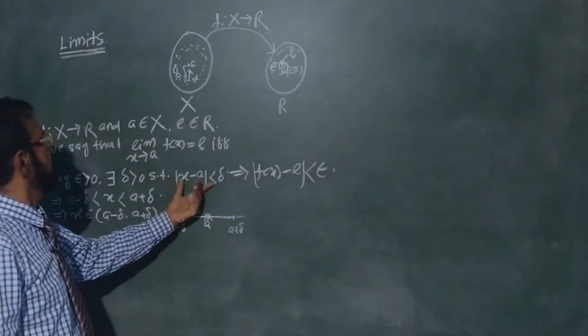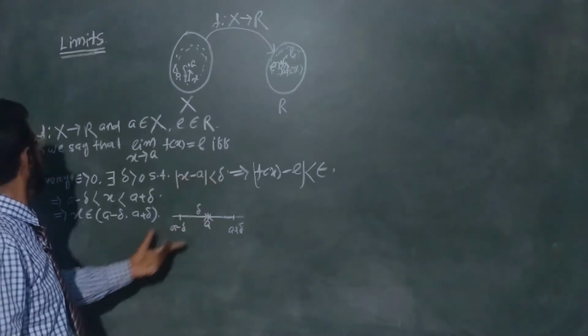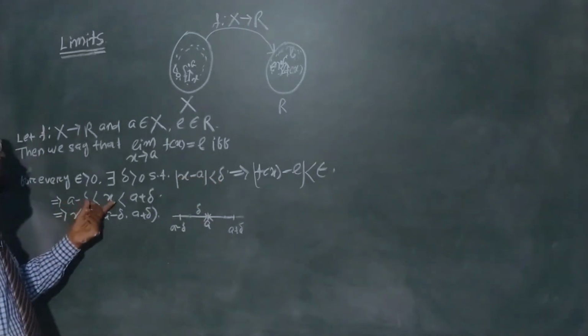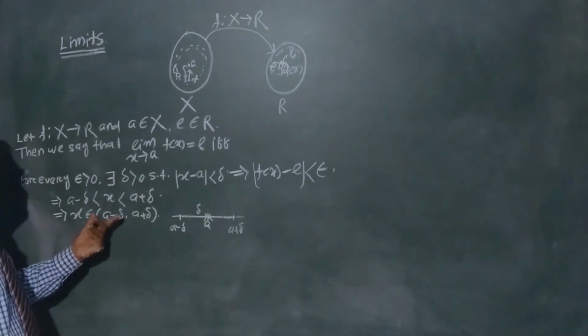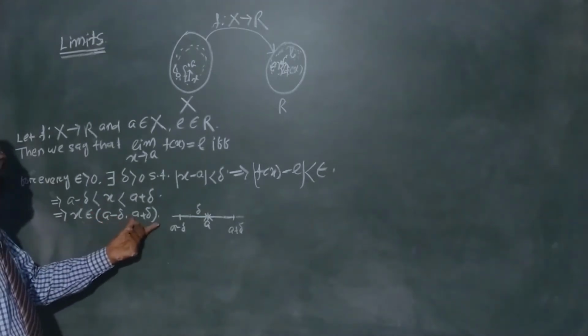Now we expand it. |x minus a| less than delta means a minus delta less than x less than a plus delta, which also implies x belongs to the open interval a minus delta to a plus delta.